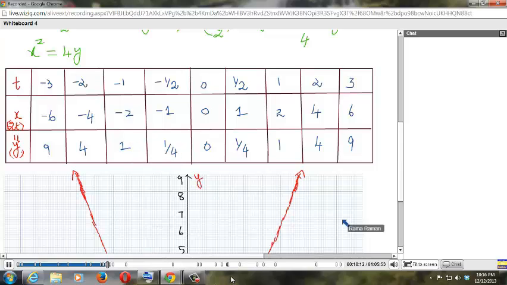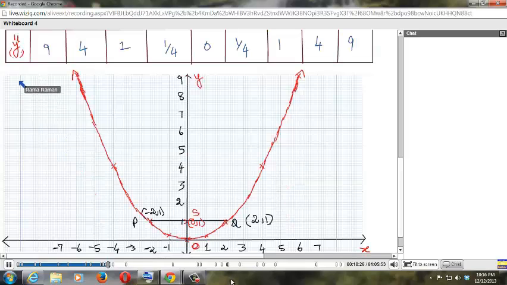So thus, in a single graph of the parabola, we have indicated the focus, the vertex, the ends of the latus rectum, the equation of the axis of symmetry, and the equation of the tangent at the vertex. Everything is specified.